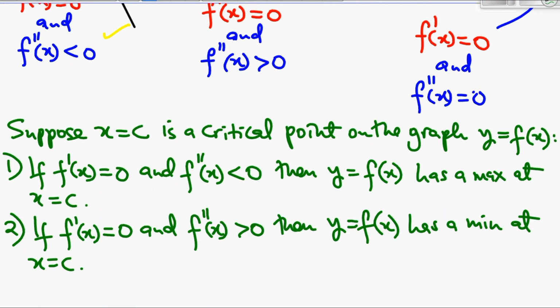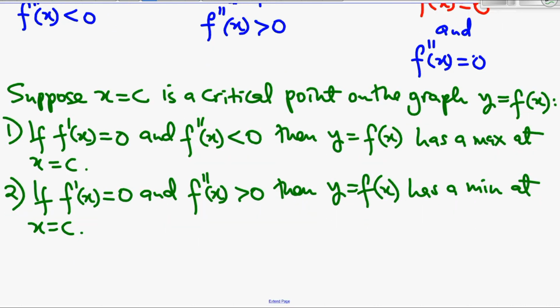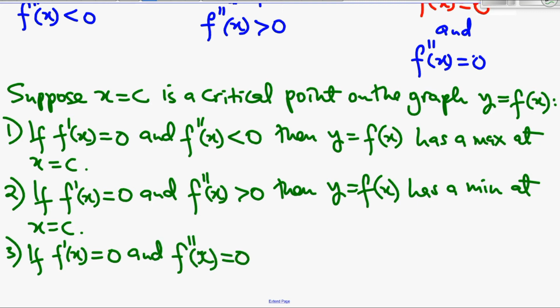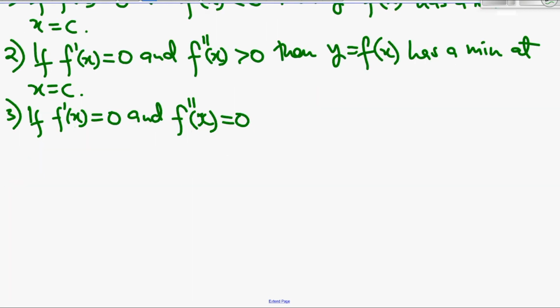Number 3, we can say that if the first derivative is equal to 0 and the second derivative is equal to 0 as well, like what we have in the third case, then the test fails. It fails because we don't know whether we have a maximum or minimum. It could be either. In some functions, you can end up with a maximum point.